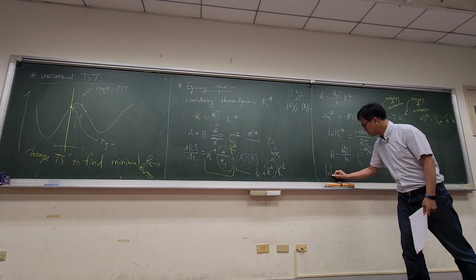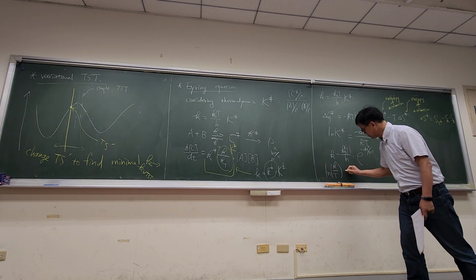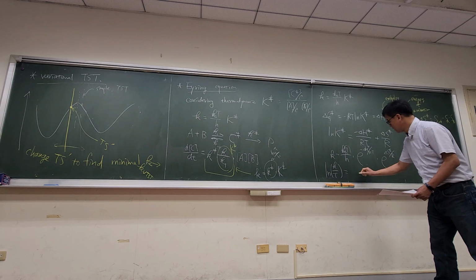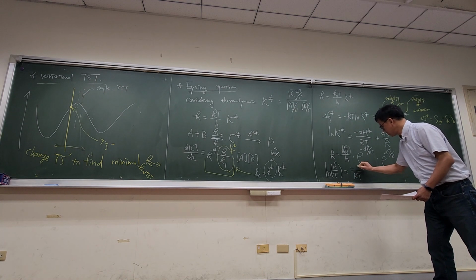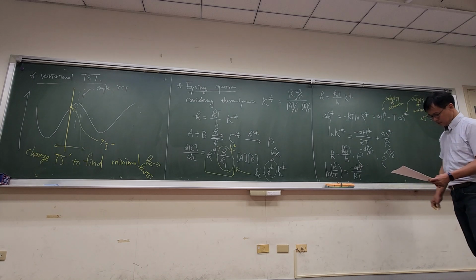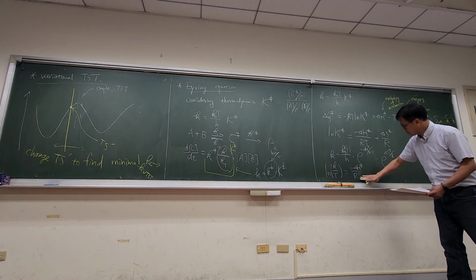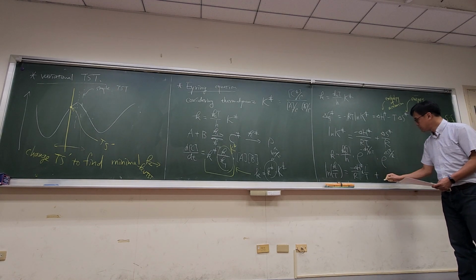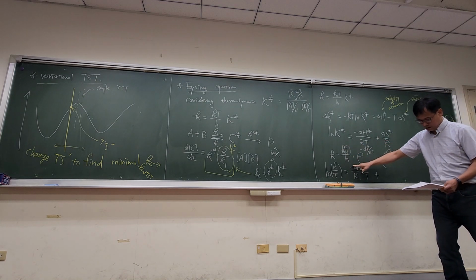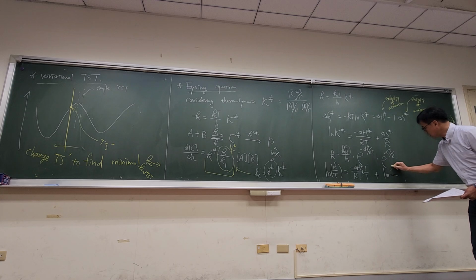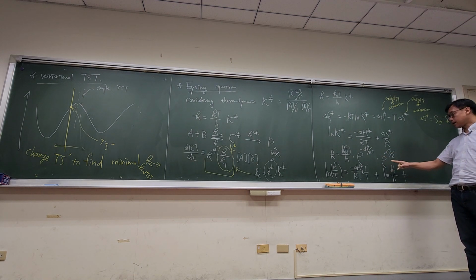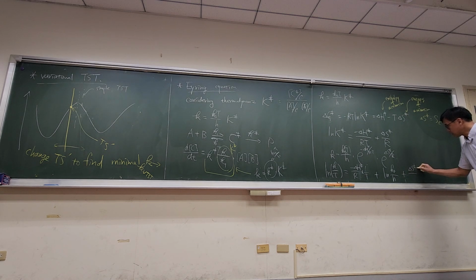So the rate constant over T equals, here, minus delta H double dagger over R times 1 over T, plus you have this constant term here, natural log of kB divided by h, plus delta S double dagger over R.